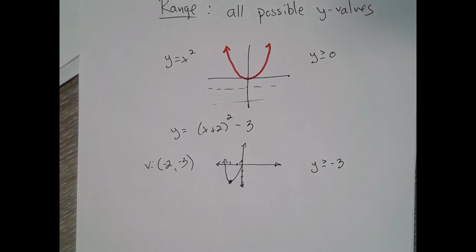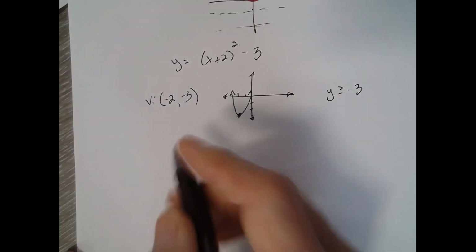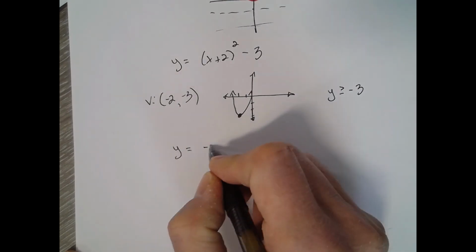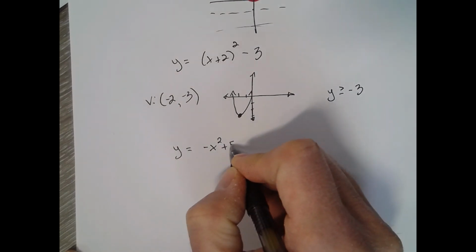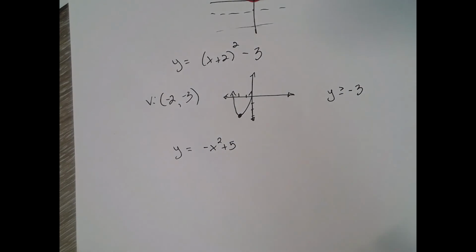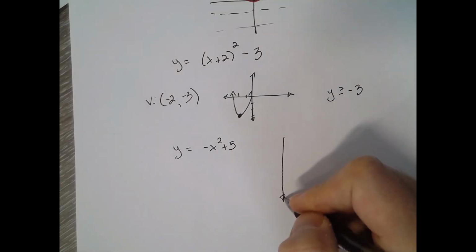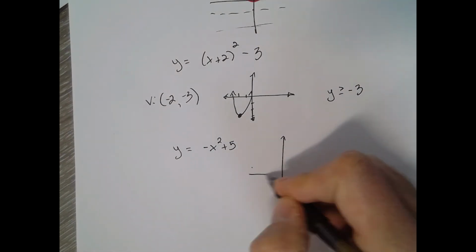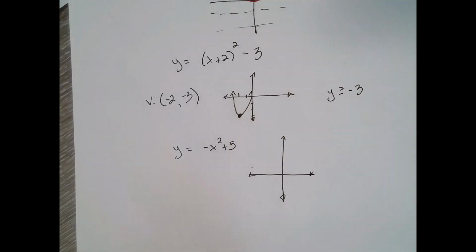Okay, I'll give you another one. Y equals negative x squared plus 5. If you can find the vertex, we're in pretty good shape. Anybody guess on the vertex?